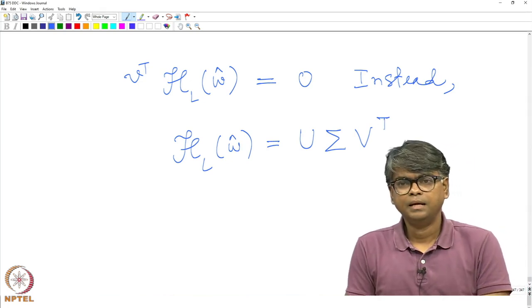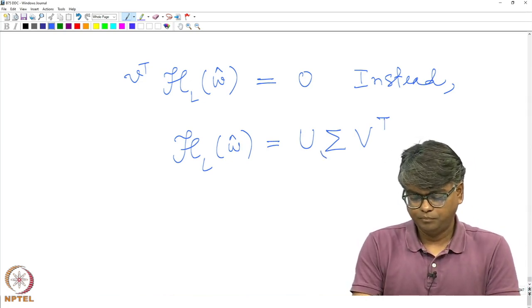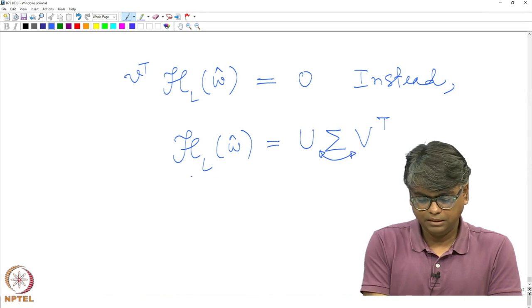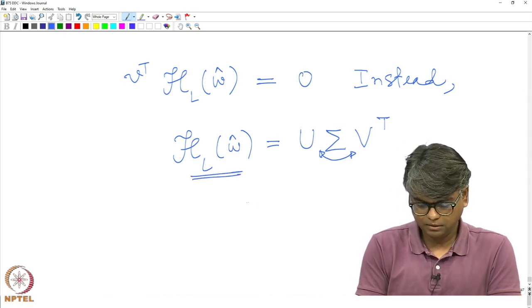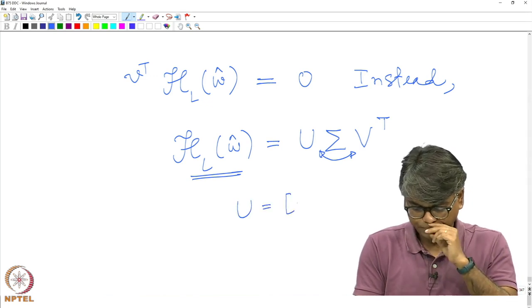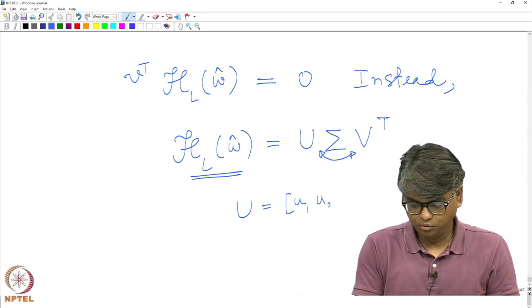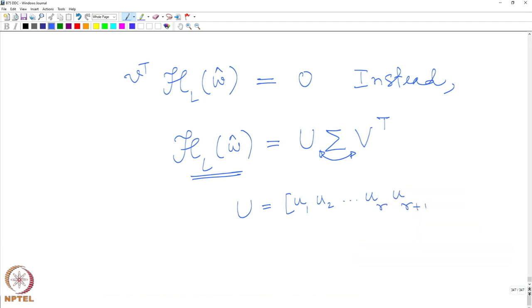Then to get the left kernel, it is enough to write U as U1, U2, up to UR, then UR plus 1 up to U of (L plus 1) times q, since this matrix has L plus 1 times q rows.